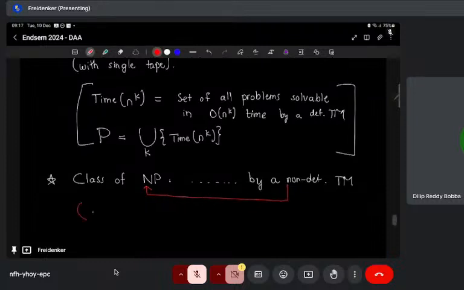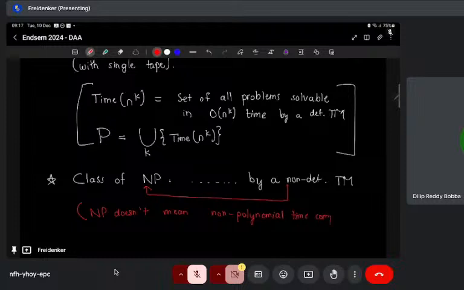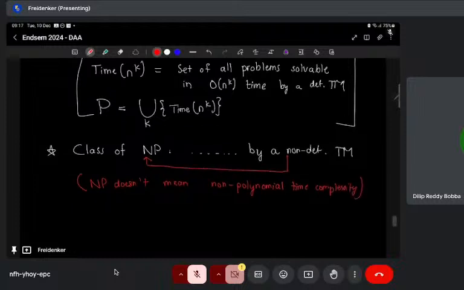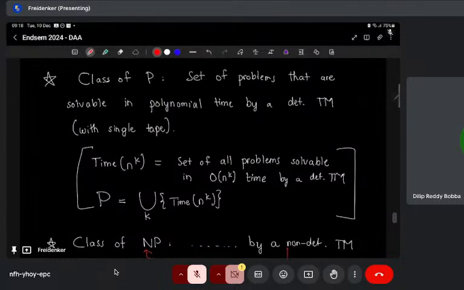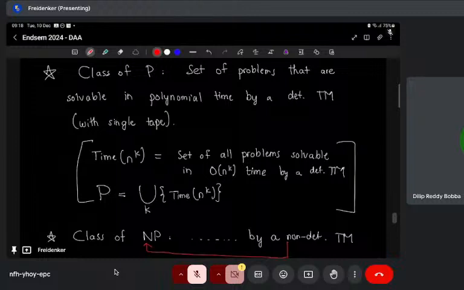NP doesn't mean non-polynomial time complexity. It's still polynomial. Class of NP is basically the same thing, but in class of NP, the problem is solved by a non-deterministic Turing machine.